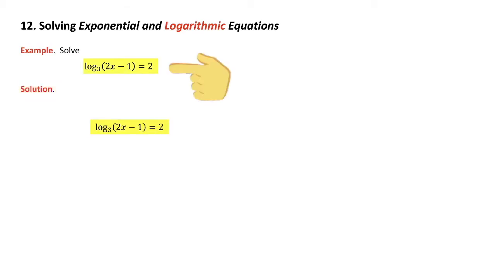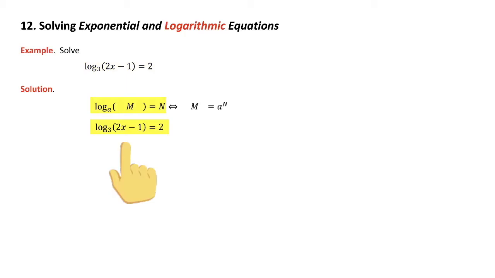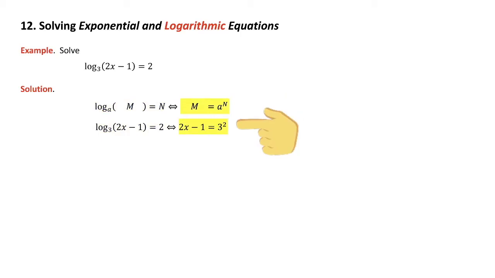Okay, so what are we going to do? Let's just bring it down here. I'm going to apply the definition. So I'm going to convert the logarithmic equation into an exponential form. Right, so you see how it converted? M is the 2x minus 1, base is 3, and the power is 2.